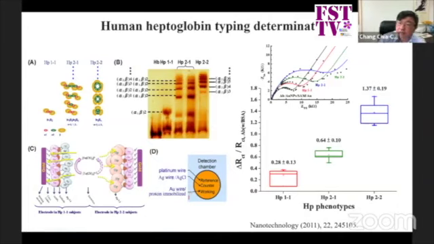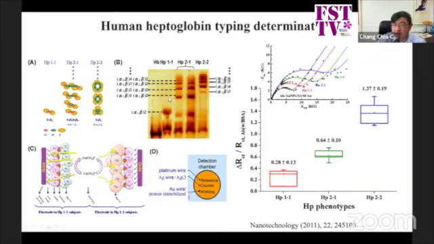human haptoglobin typing. You may know that each human has one type of haptoglobin, and there are three types: 1-1, 2-1 and 2-2.